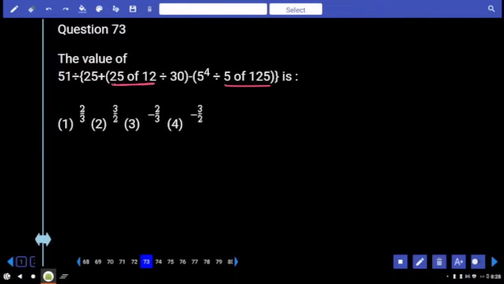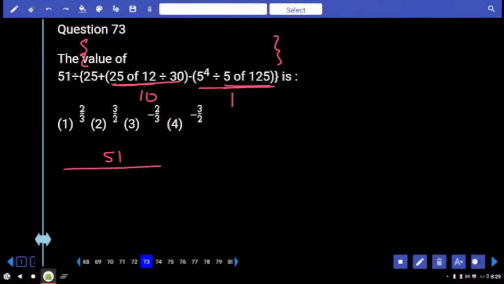25 into 12 is 300, 425 is 100, 825 is 200, 1225 is 300, divided by 30 is 10. 5 into 5 cube, 5 power 4, divided by 5 power 4. This is 1. Now 51 divided by flower braces started here and ended at the last.